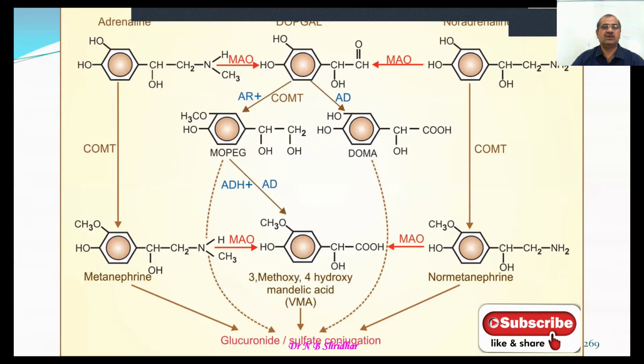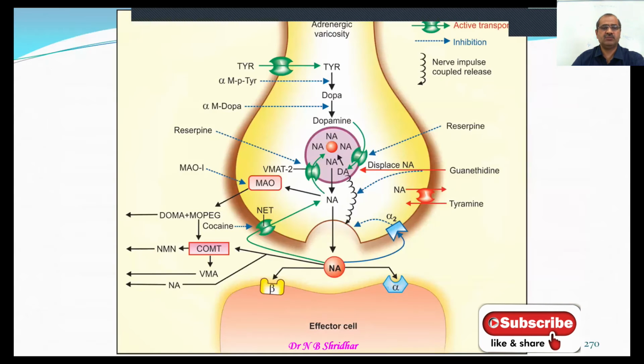The reuptake system is one of the important systems which terminates the action of norepinephrine, whereas acetylcholinesterase is the only enzyme that destroys the secreted acetylcholine with a flash type of reaction. And once again, there are varieties of drugs which can inhibit this step.